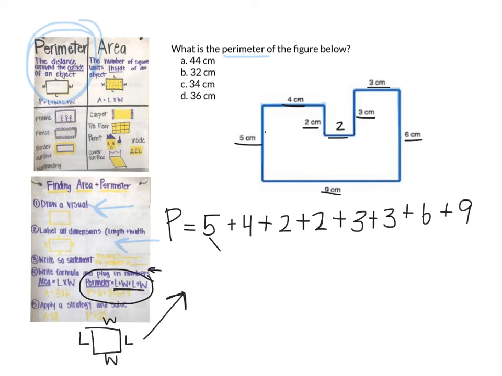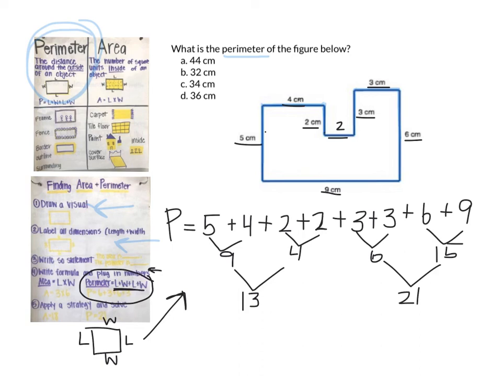So 5 plus 4, 9. 2 plus 2 is 4. 3 plus 3 is 6. 6 plus 9 is 15. 9 plus 4 is 13. 6 plus 15 is 21.